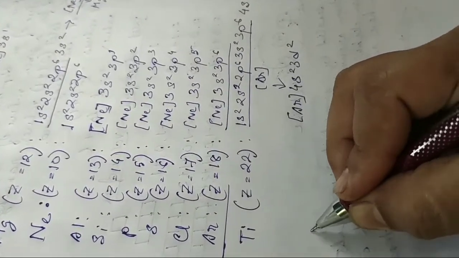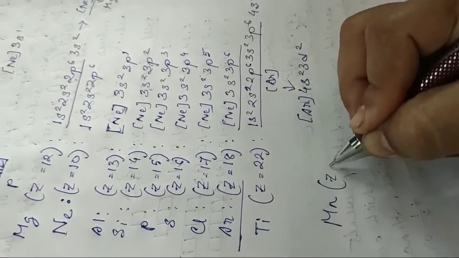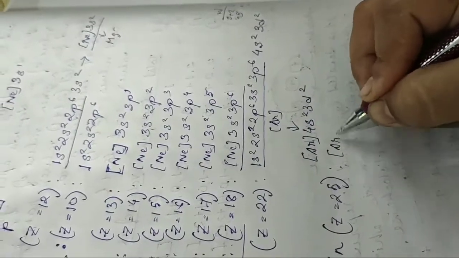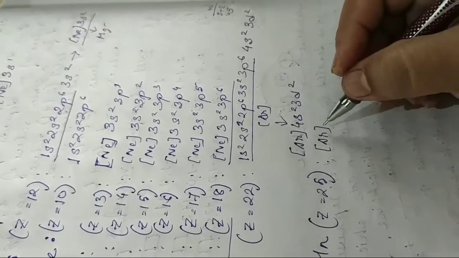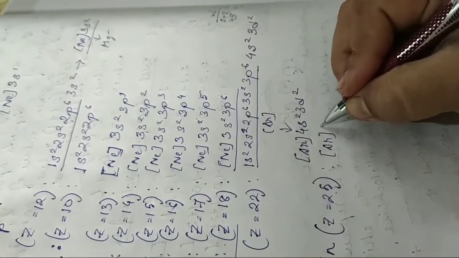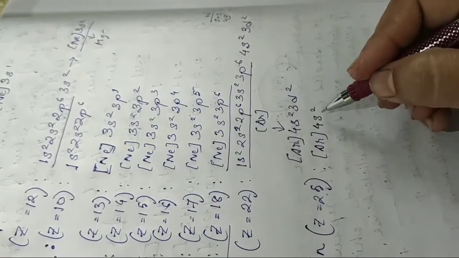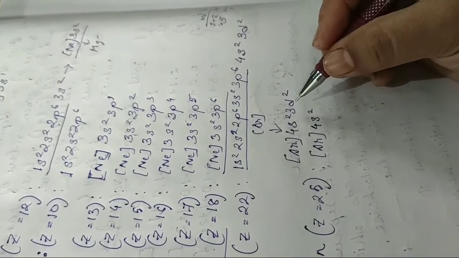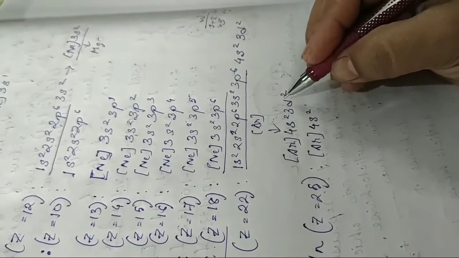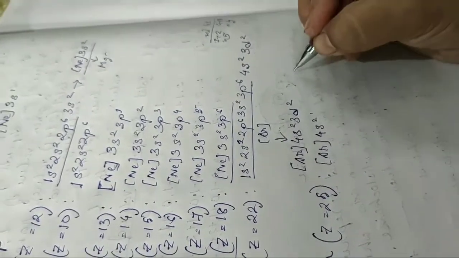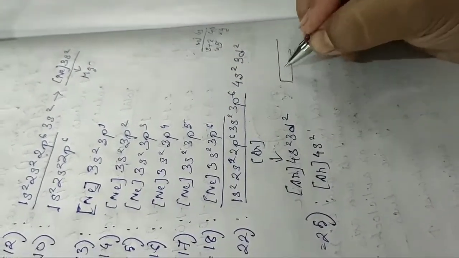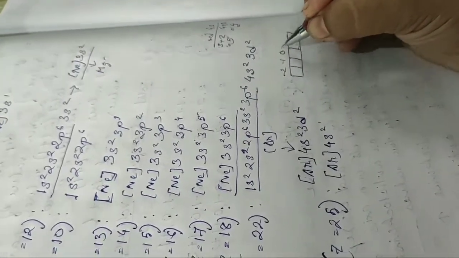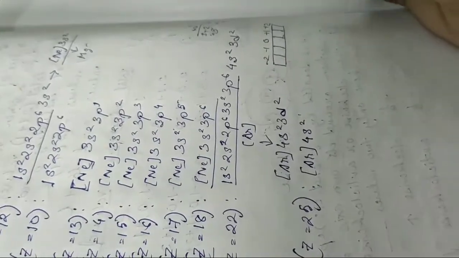Similarly, if we see manganese, Z equal to 25, then how can we write it? Argon, that means already 18 electrons you have written. Next will be 4s2, that means 20. So how much is left? 5 electrons are left. The d subshell can accommodate a maximum of 10: -2, -1, 0, +1, +2.